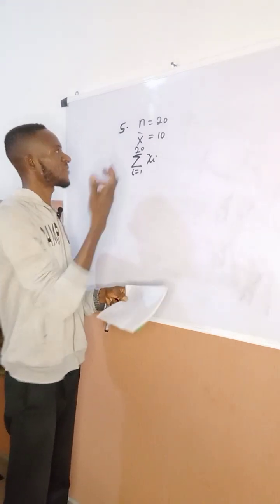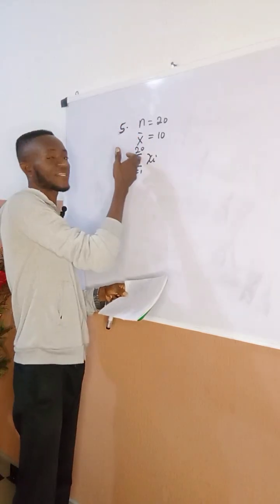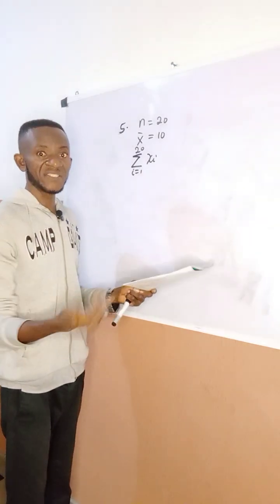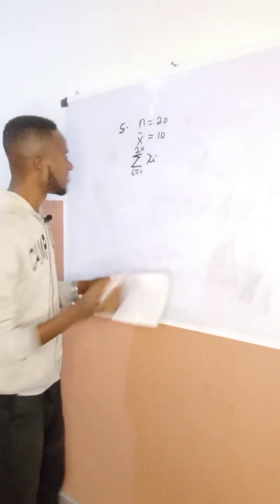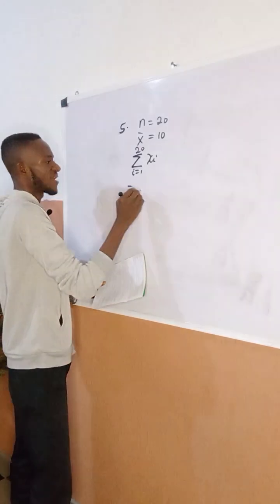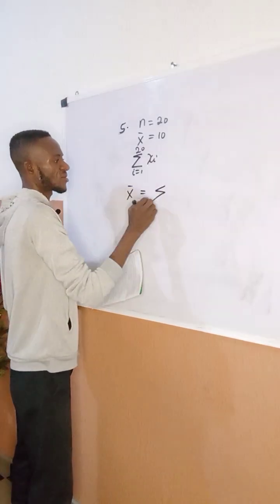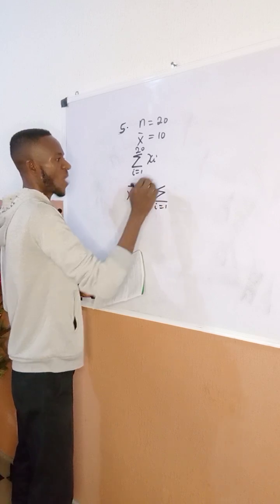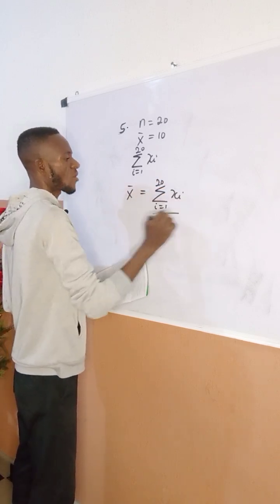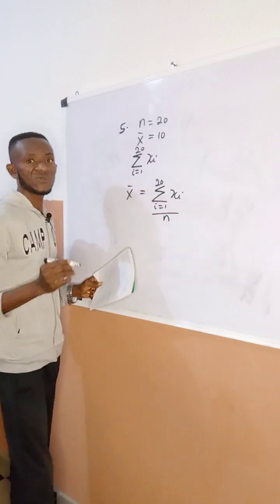Of course, you know that the formula that connects n, x bar, and this sum is the formula for the mean. So you just quickly state the formula of the mean: x bar equals the summation, i running from 1 to 20, of xi, all over n.